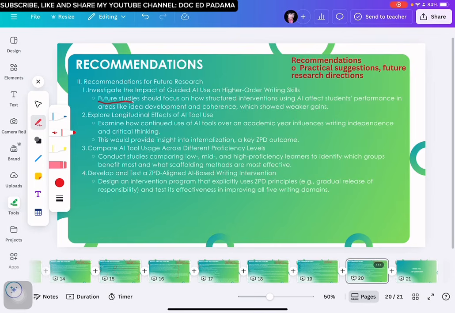Number one, future studies should focus on how structured interventions using AI affect students' performance in areas. So this one refers to researches or researchers also. So researchers should look into the following. Okay, researchers should examine, researchers should provide, or future research should provide.